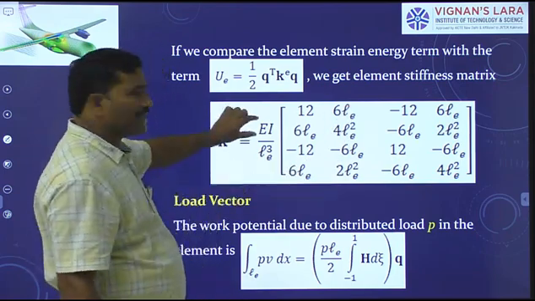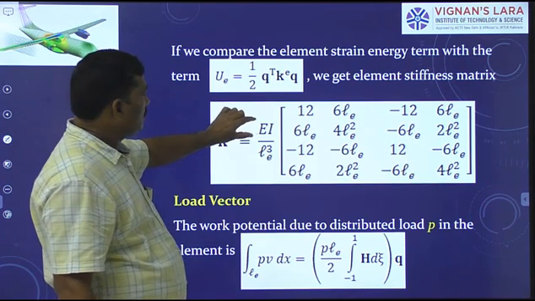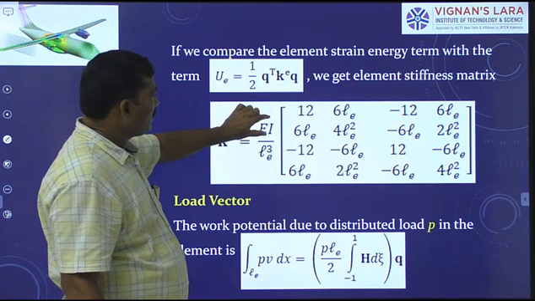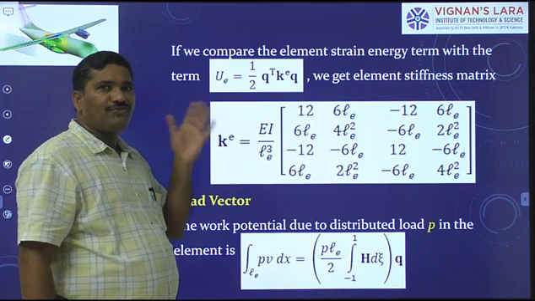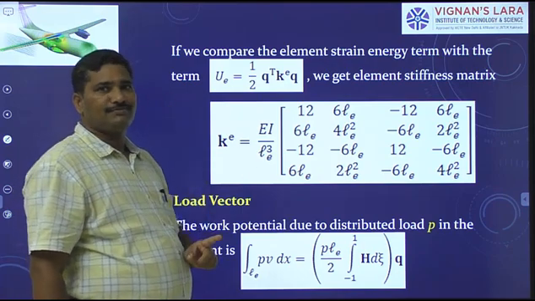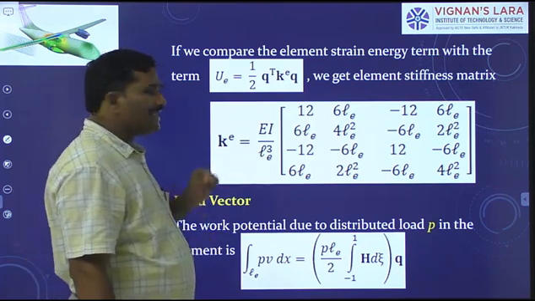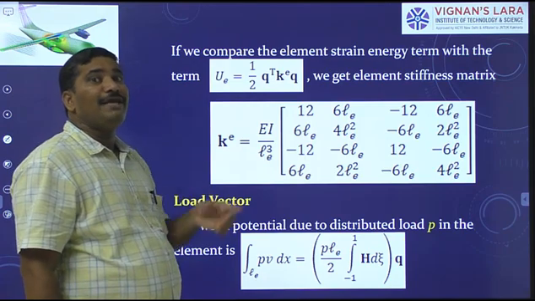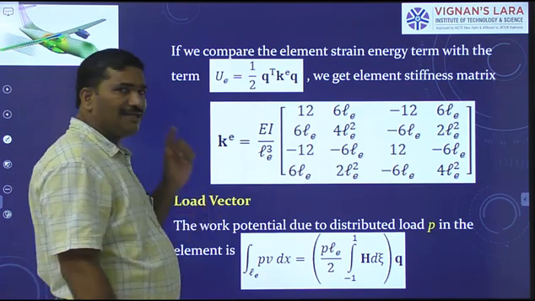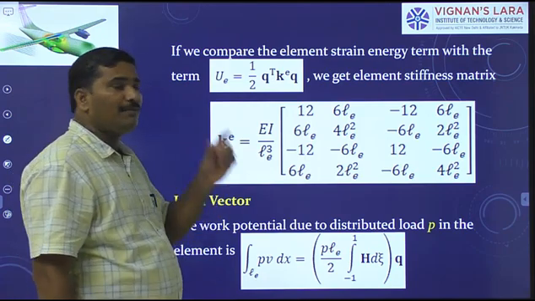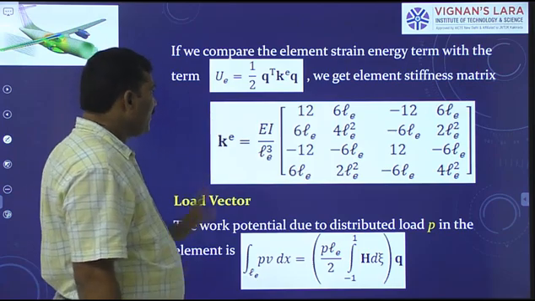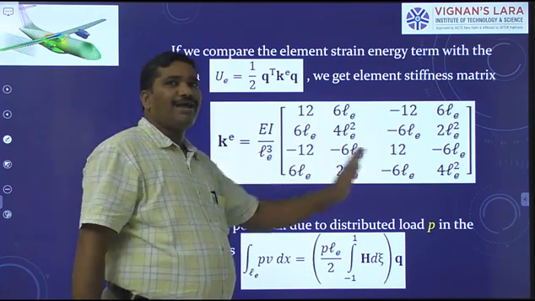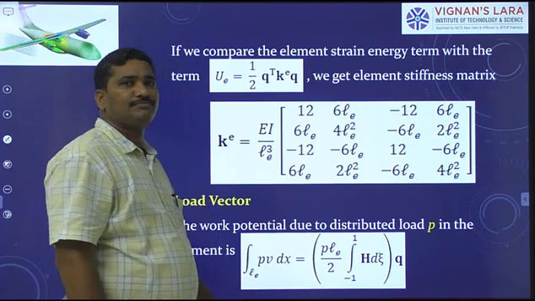What is E? It is Young's modulus of the beam material. What is I? Moment of inertia of the beam section. What is LE? LE is the length of the beam element. It is a square and symmetric matrix.